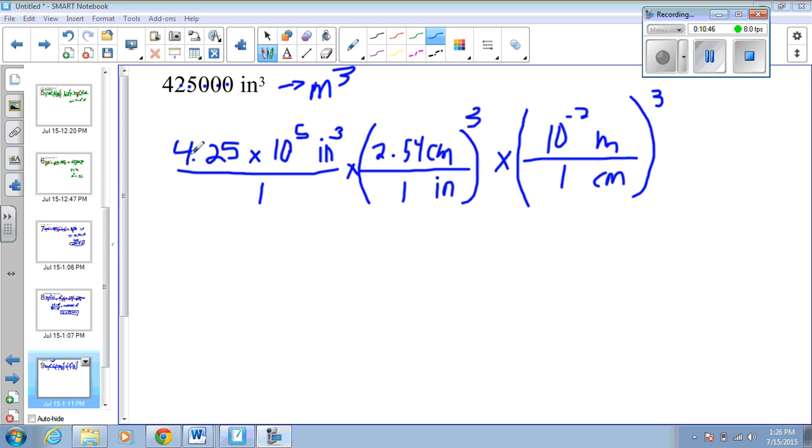So multiply your tops, multiply your bottoms, and just let me back up. Inches cubed is going to cancel out. Centimeters cubed is going to cancel out, and I'll be left with meters cubed.